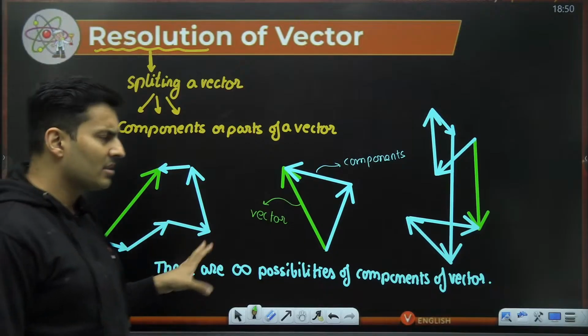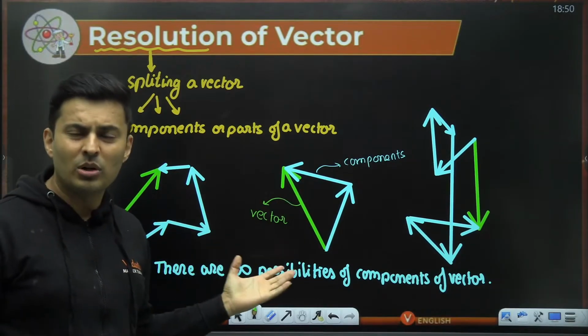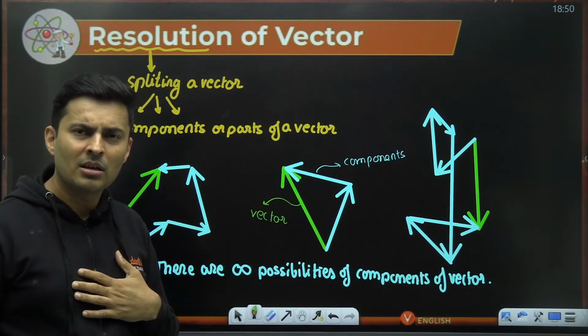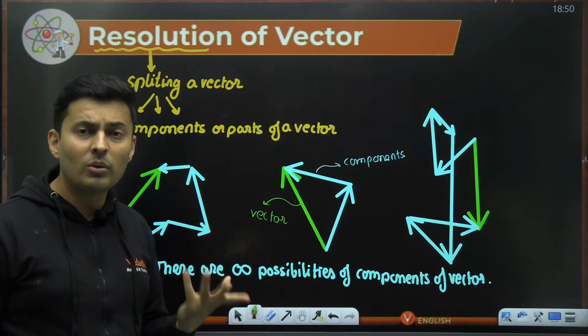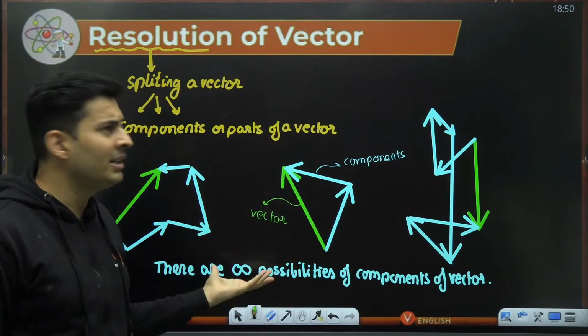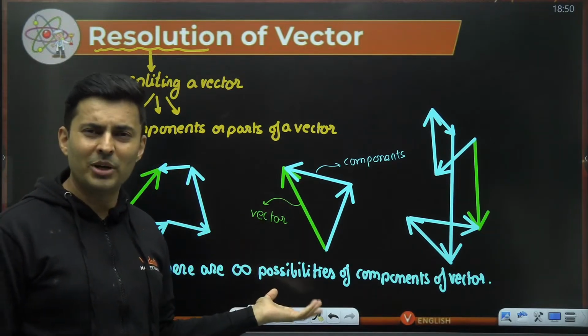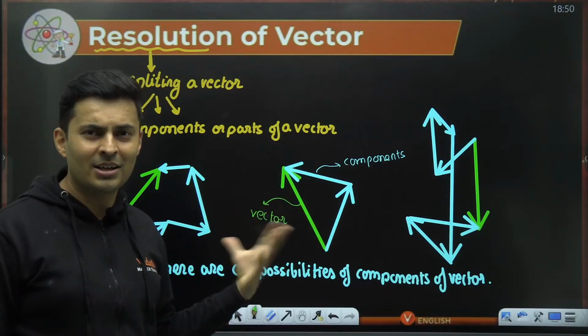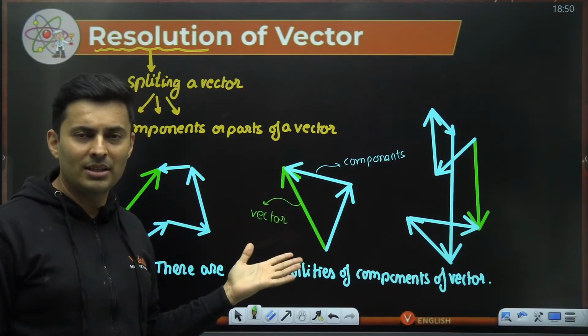Sir, but what you are telling, infinite possibilities, how is it going to help me? There are so many ways. So which way do I use, and why do I even need to do it? You will understand it probably in the next lecture, maybe by the end of today's lecture.